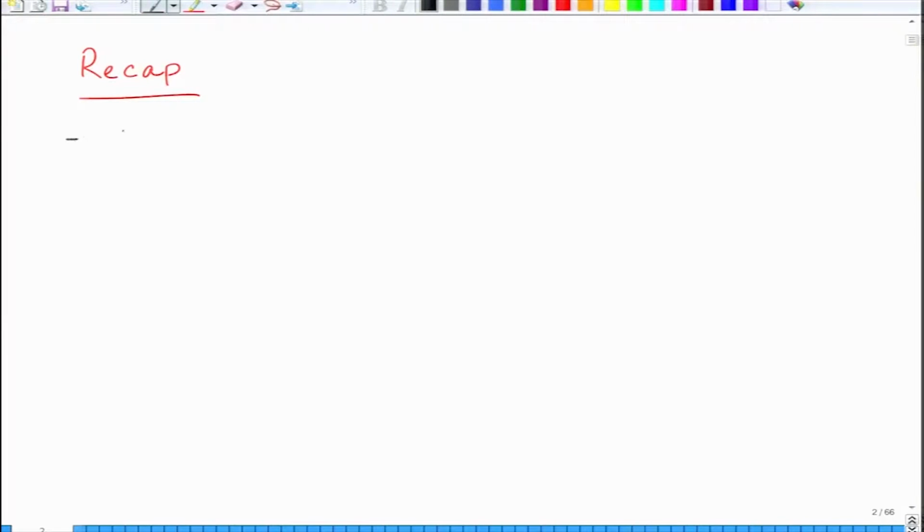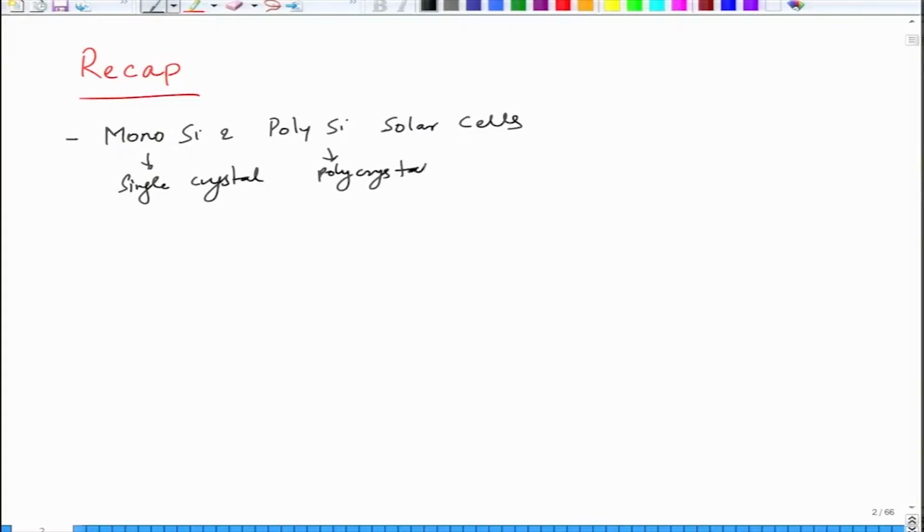So, in the last few lectures we have talked about monosilicon and polysilicon solar cells. Monosilicon are basically single crystal silicon solar cells, and these are polycrystalline. Because of the presence of defects, the polycrystalline efficiencies are a bit lower.